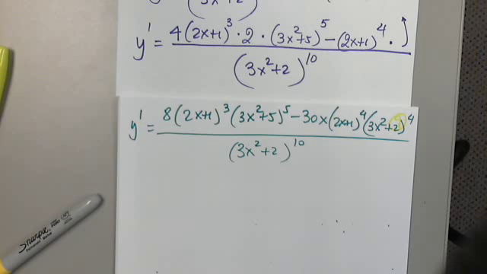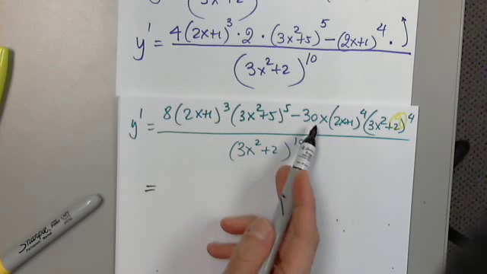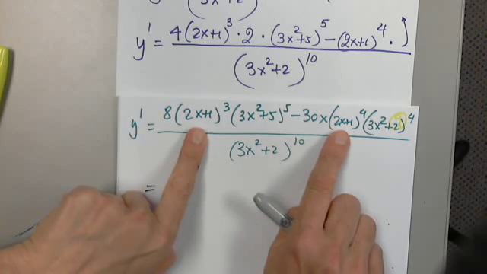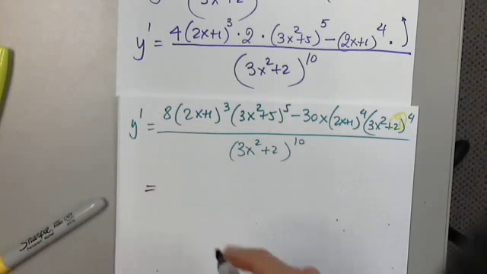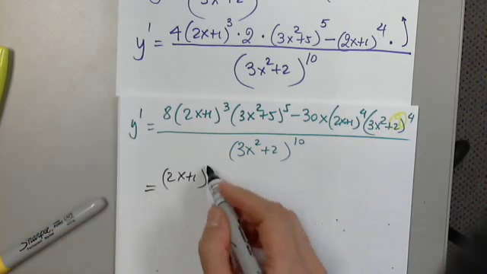Identical situation with the previous case, in which I have no choice but to factor. Yes, I can pull out what? So this is 8 and this is 30x, nothing in common. Now I'm looking at these two. So I pull out a 2x plus 1 to the power. Very good.